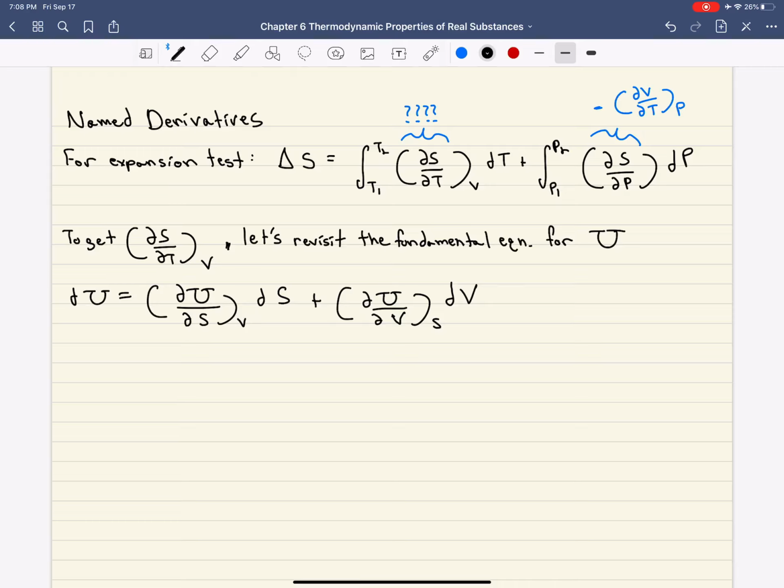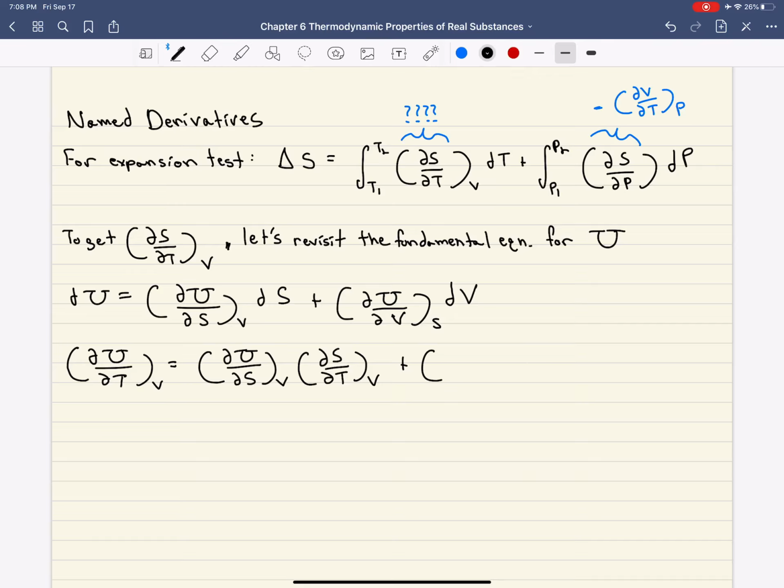And then what I'm going to do now is take the derivative of everything with respect to T. So on the left-hand side, dU/dT is going to be equal to (dU/dS) at constant V times dS/dT, and this is at constant volume.